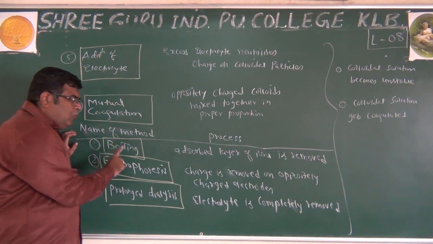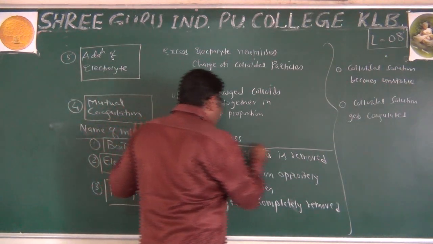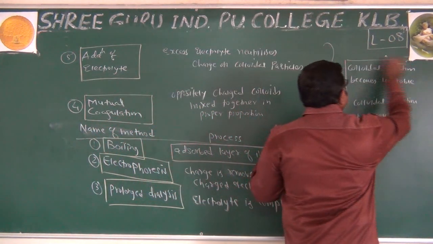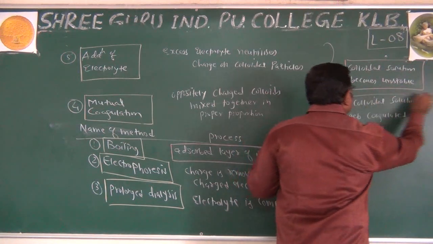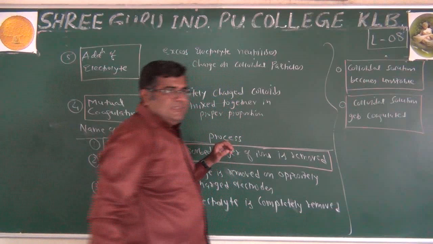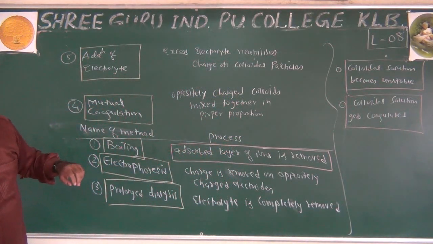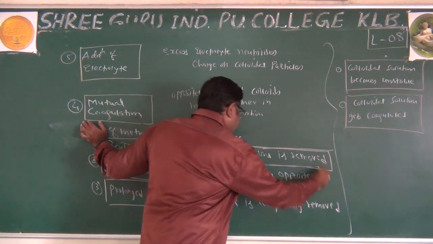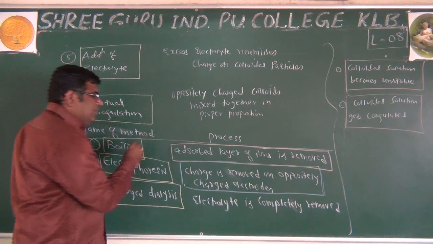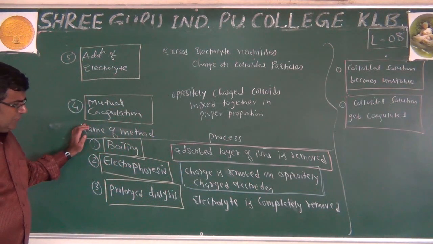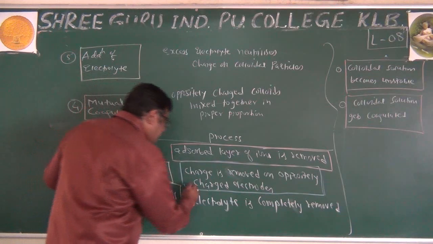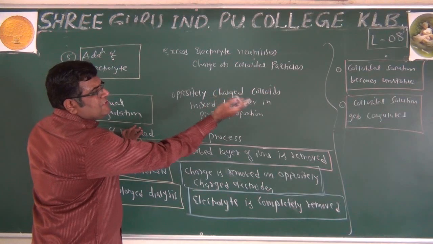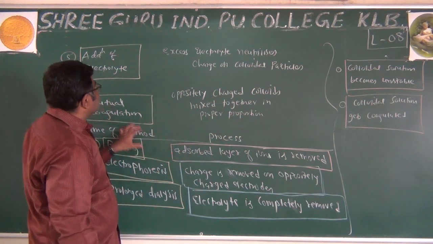Boiling: on boiling the colloid, the adsorbed layer of ions is removed. The colloidal solution becomes unstable. The colloidal solution gets coagulated like this. If they ask about electrophoresis, charge is removed, it becomes discharged when they migrate towards the oppositely charged electrode. On prolonged dialysis, electrolyte is completely removed, the solution becomes unstable, the colloidal solution gets coagulated.